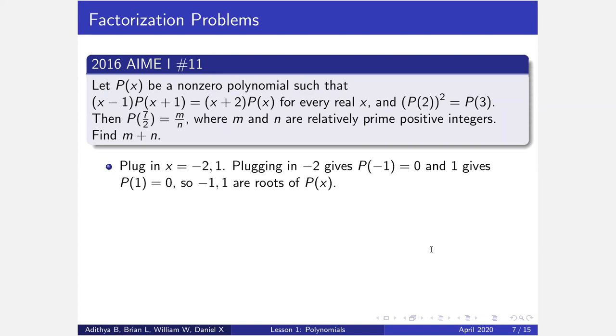For example, you can plug in -1 or 0, and either of these will tell you that p of 0 is also 0, right? Some of you guys have been saying that as well, right?